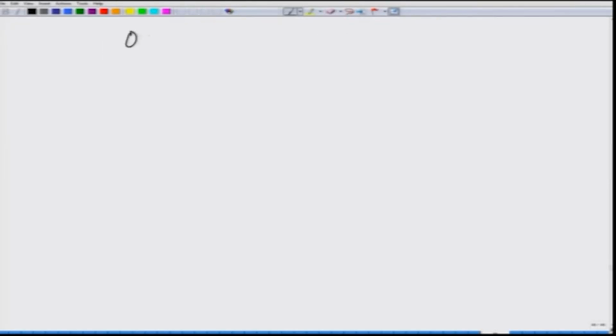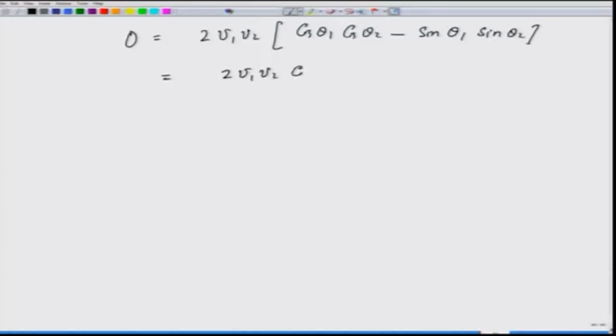So, I get 0 equals 2 V1 V2 cosine of theta 1 cosine of theta 2 minus sine of theta 1 sine of theta 2, which is nothing but 2 V1 V2 cosine of theta 1 plus theta 2, which immediately tells me that cosine of theta 1 plus theta 2 is equal to 0, or theta 1 plus theta 2 equals pi by 2.